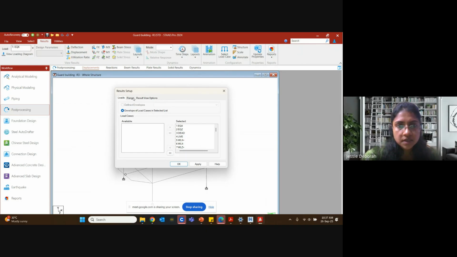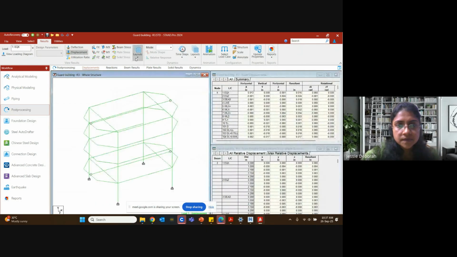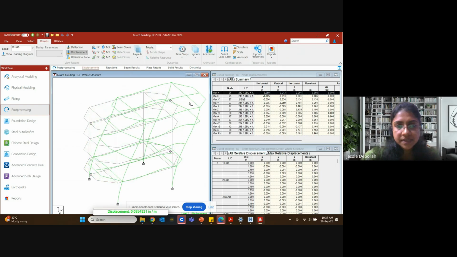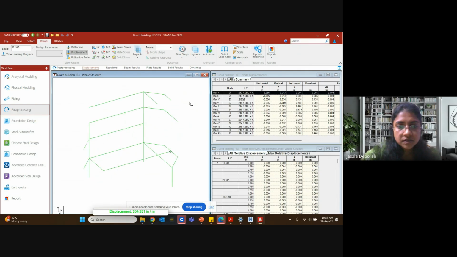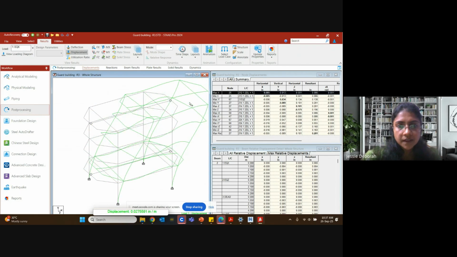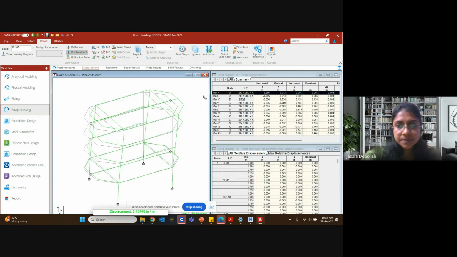Post processing, layouts, displacement. Okay, if we take the summary, see how it is displacing. It will show us the displacement.